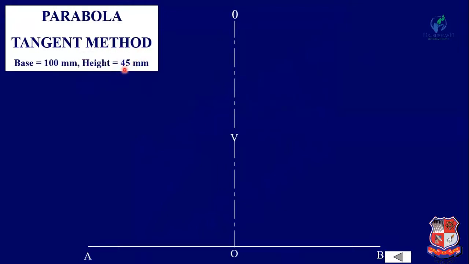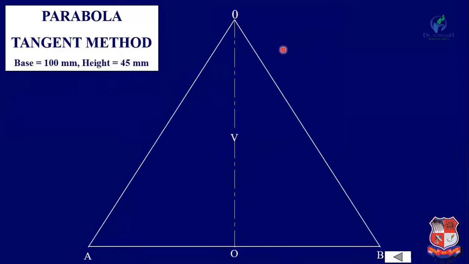So in the tangent method, you have to draw a vertical line which is equal to 90 mm, double the height. Here the height is 45 mm, so draw this line OO' equal to 90 mm, and at the 45 mm mark the vertex V. Now join this O' with A and B and complete one triangle ABO'. So complete this triangle.